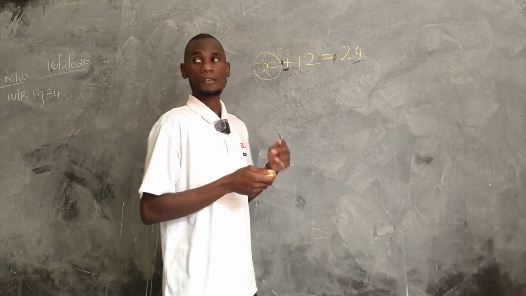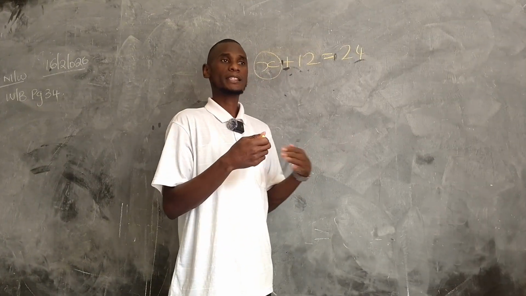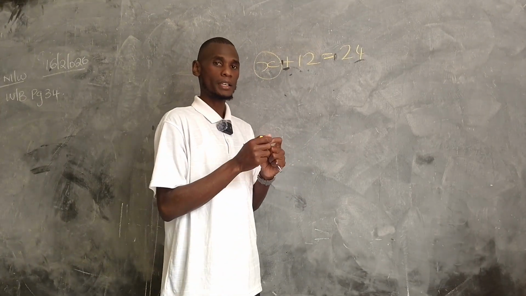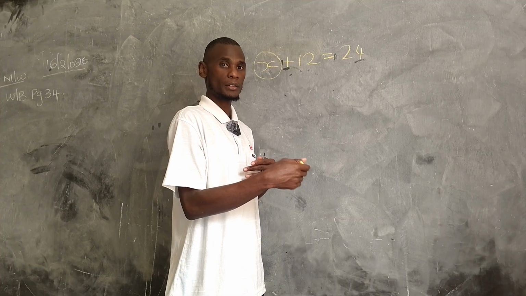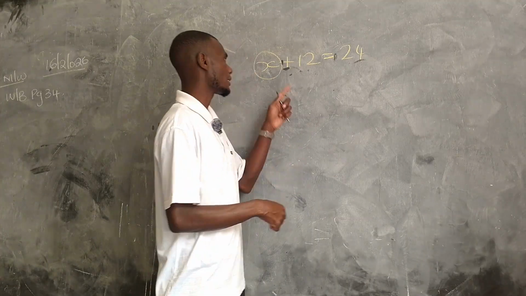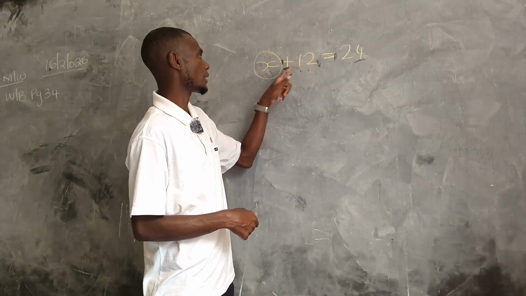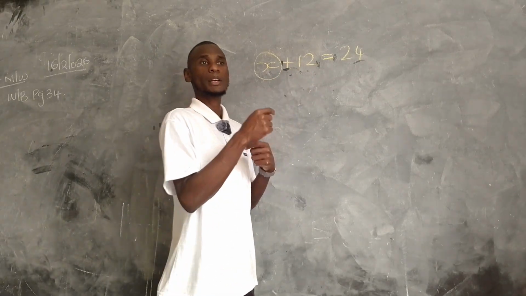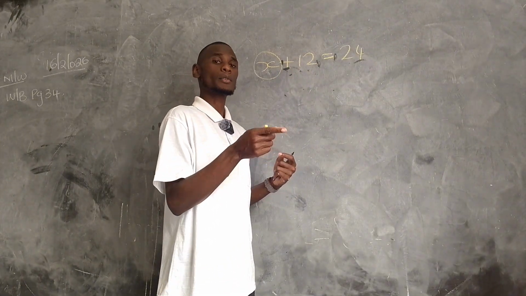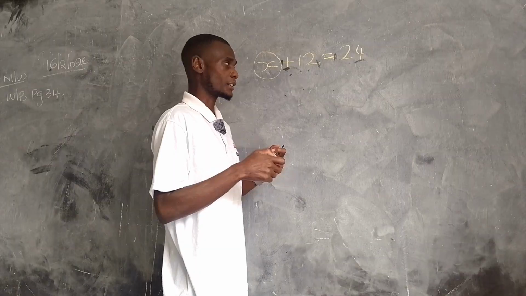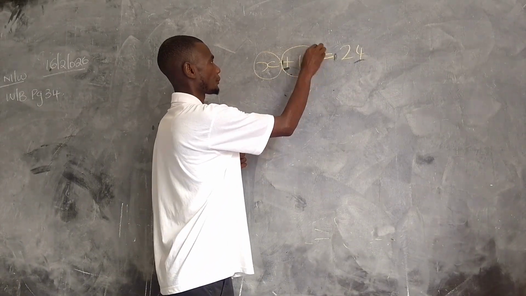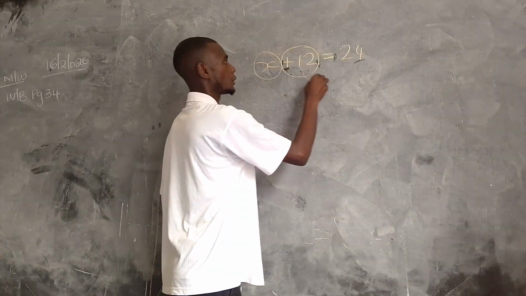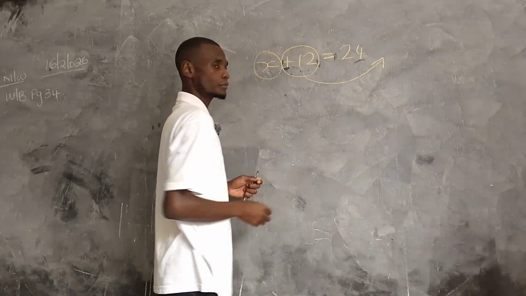The first thing is the sign of a number is always in front of it, not at the back. So in this case, the sign of this number 12 is plus 12. Anytime you are collecting a like term, you have to collect it together with the sign. So we will pick it like this, and it will go the other side.